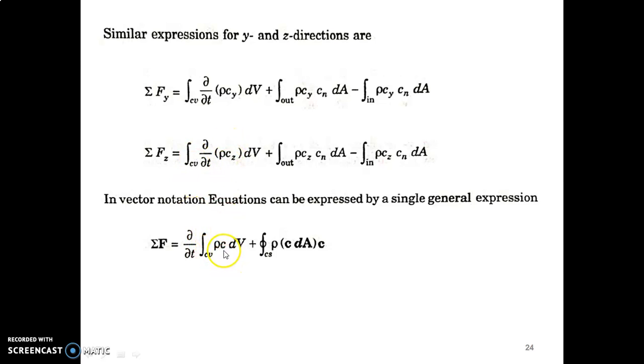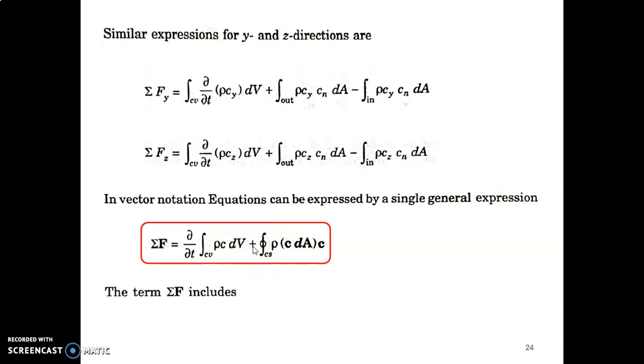We do not need to show the direction for velocity, all the direction notations are taken away. Since we have outward flow minus inward flow, this is taken as a positive value.